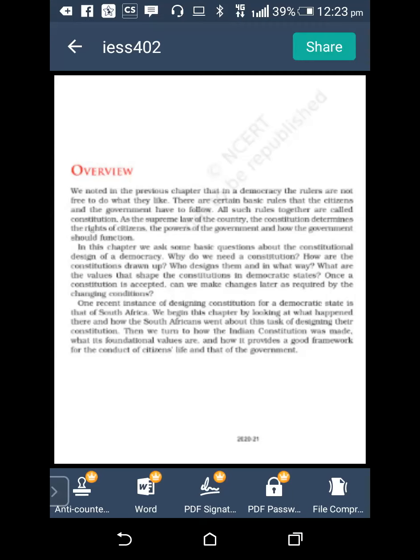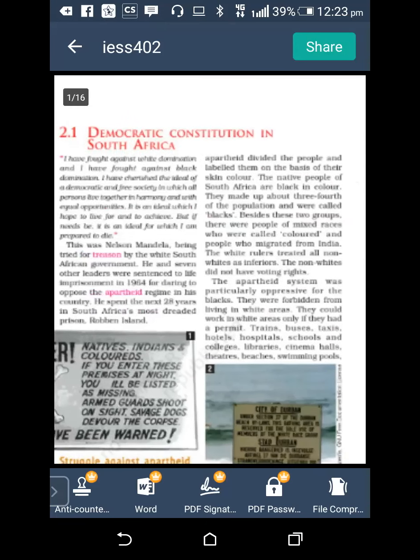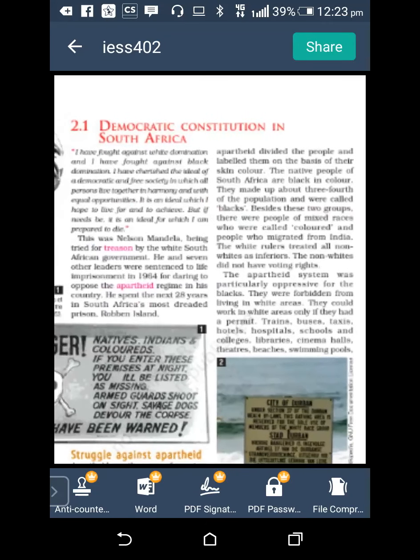Now, democratic constitution in South Africa. Here, we start now. Let me tell you one thing. South Africa was having apartheid, rang bhed niti, a rule of discrimination.